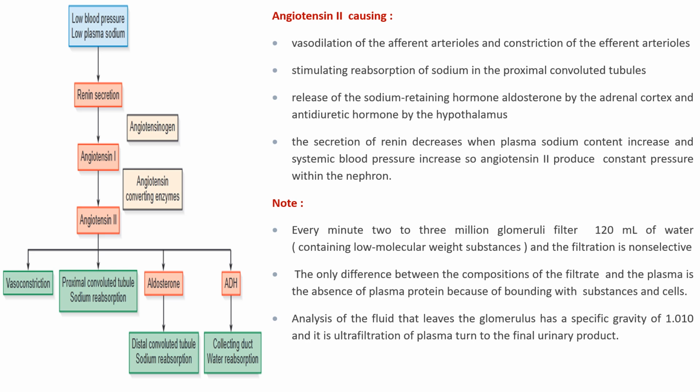Analysis of the fluid that leaves the glomerulus shows specific gravity 1.010. This ultrafiltration of the plasma turns finally into the urinary product. When we see this specific gravity in the urine, we must know the kidney has lost the ability for reabsorption of essential material for the body, and the kidney loses one of its functions.